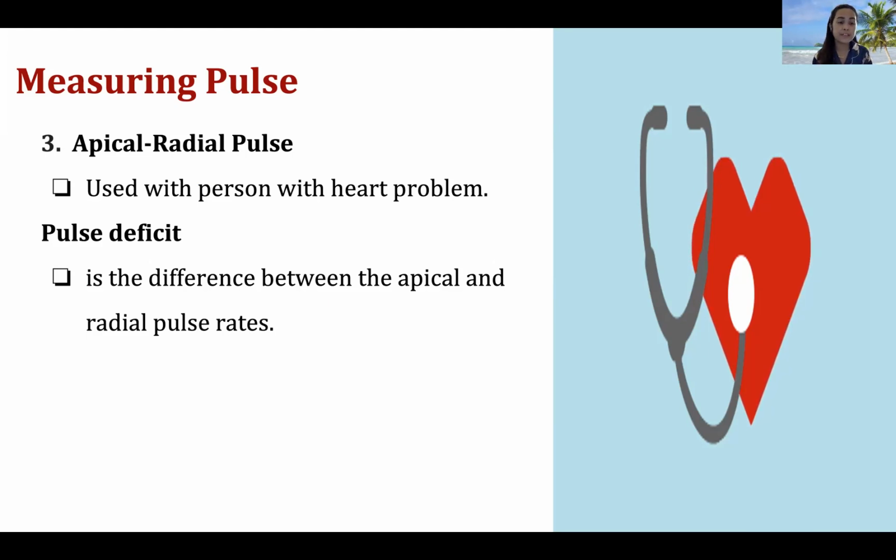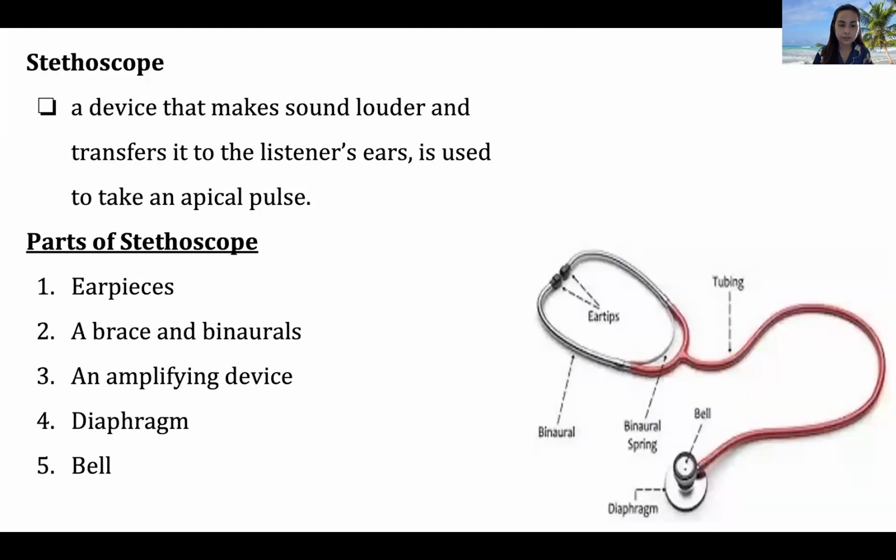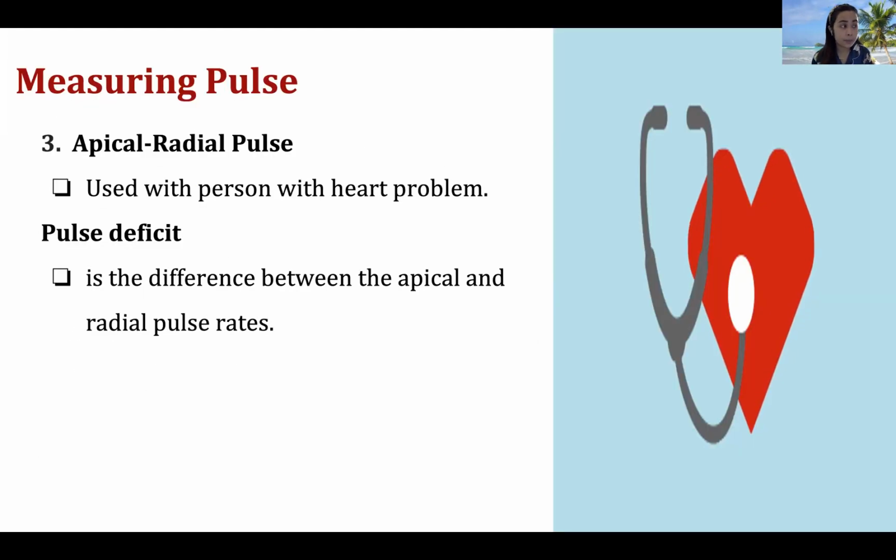Pulse deficit is the difference between the apical pulse and radial pulse rates. For example, you got an apical pulse of 100 and a radial pulse of 80. So your pulse deficit is how much? 20. 100 minus 80.